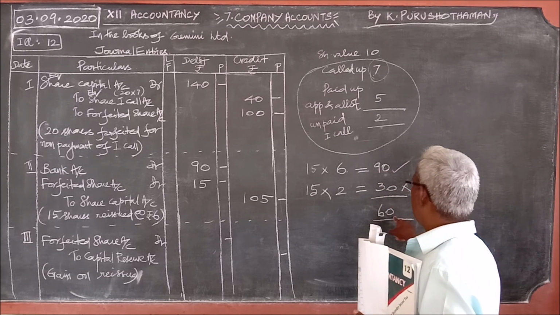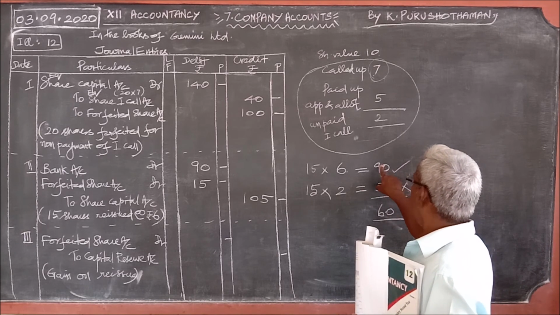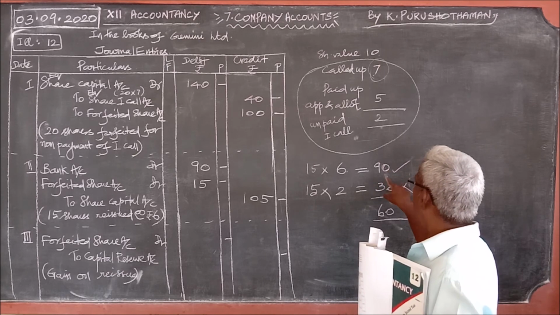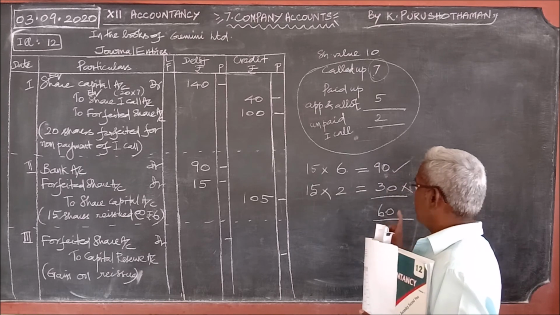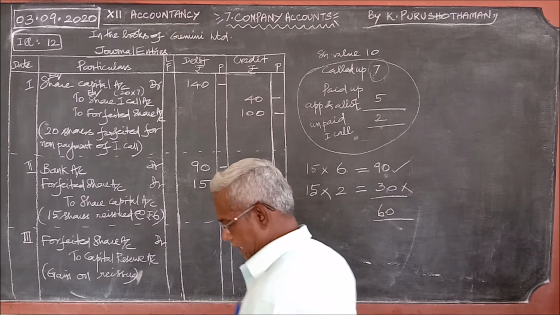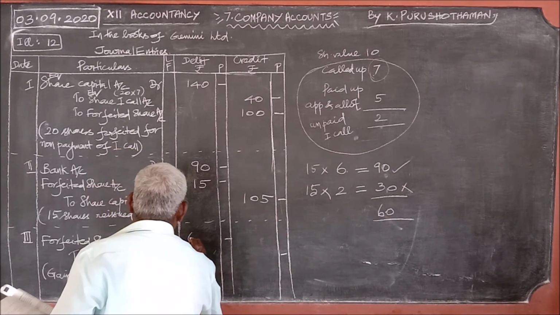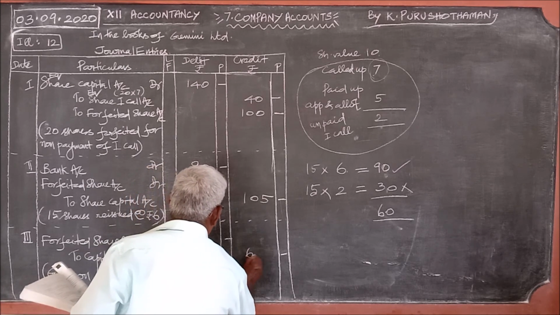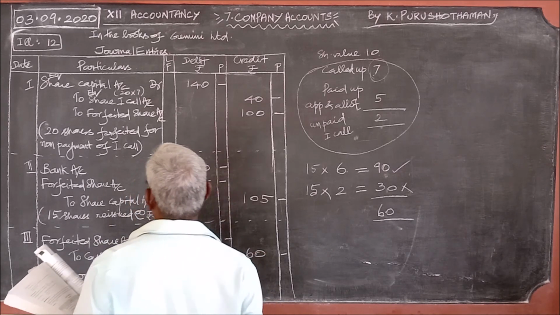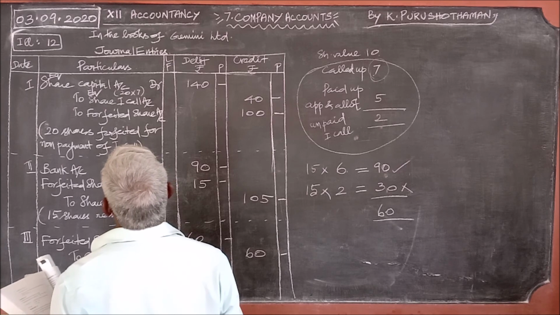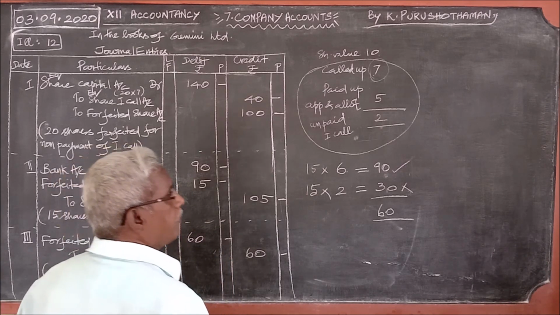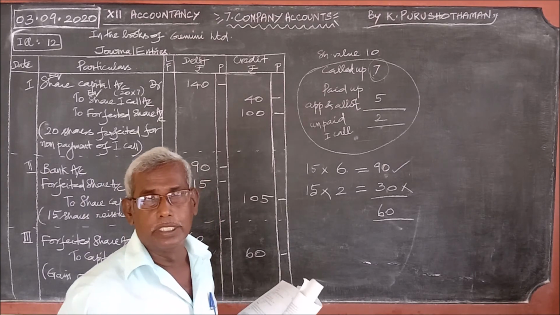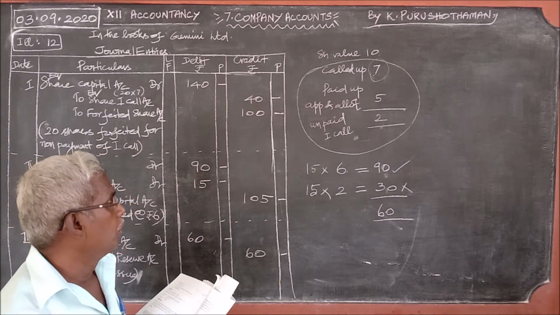How much is the profit? The amount got by reissue, and the amount already pending. So how much is the excess? 60 rupees. That should be the profit here. We should write 60. This is the journal entry for illustration 12. You may get some confusion; that is why I have taken this to explain.